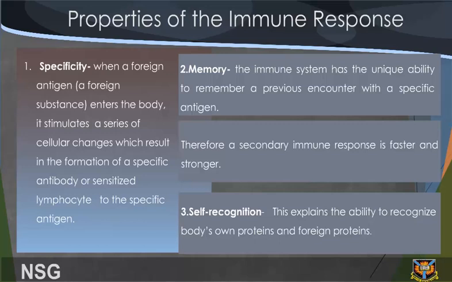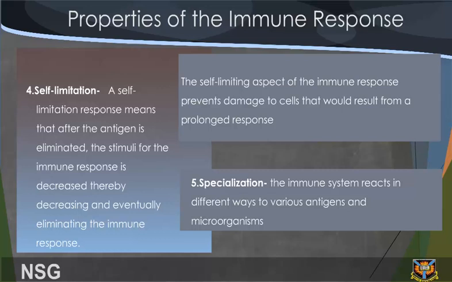3. Self-recognition. This explains the ability to recognize body's own proteins and foreign proteins. 4. Self-limitation. A self-limitation response means that after the antigen is eliminated, the stimuli for the immune response is decreased, thereby decreasing and eventually eliminating the immune response.